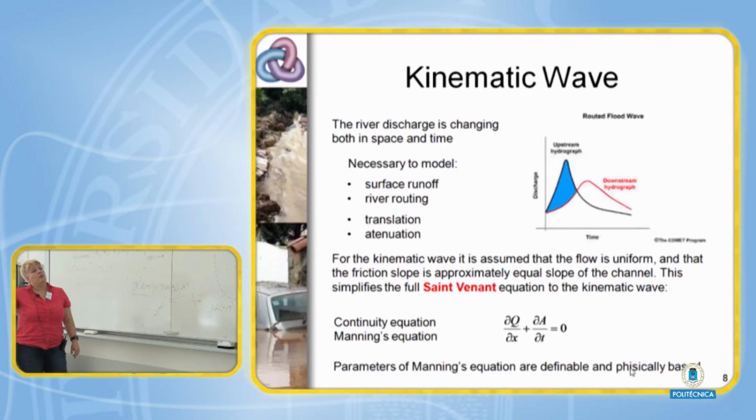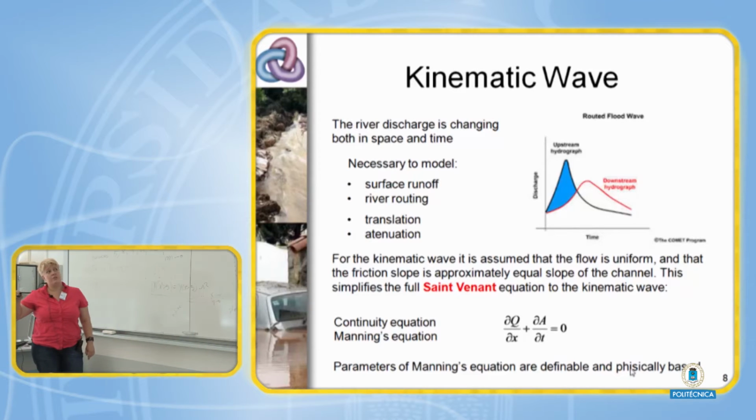Now, if we look at the shape of an upstream hydrograph and the one registered downstream, we will see that the two waves are different in shape because there is a process of translation and also a process of attenuation.